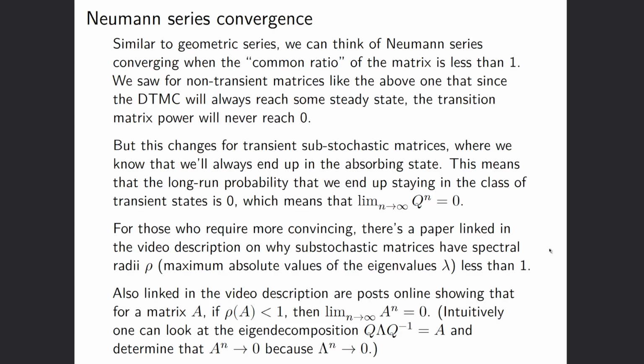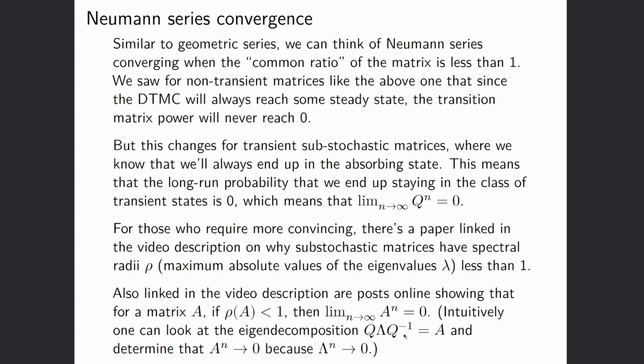So spectral radius is the maximum magnitude of your eigenvalues. And you can show that it's less than 1. There's a paper that I'm going to link. And I'm also going to link some posts online showing why, if the spectral radius of a matrix is less than 1, then the limit, as the power of that matrix goes to infinity, ends up being 0.